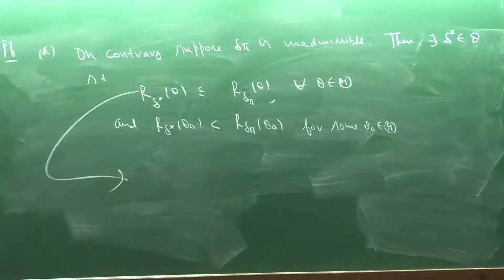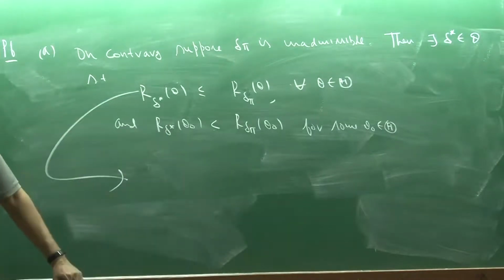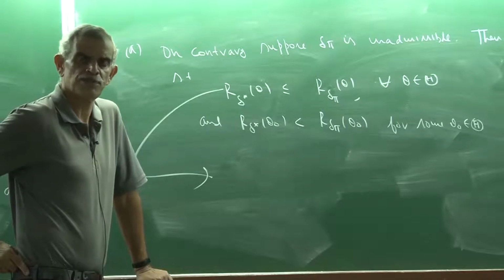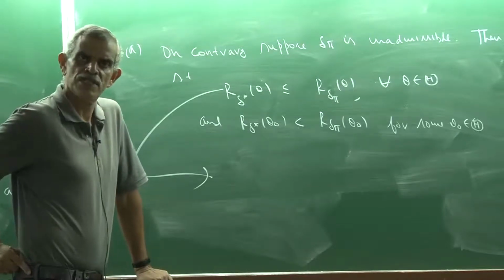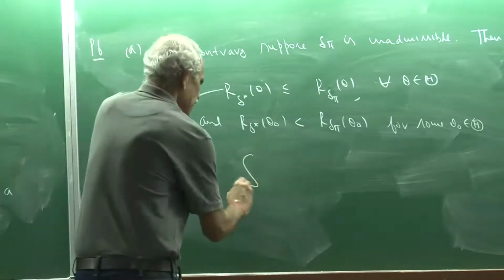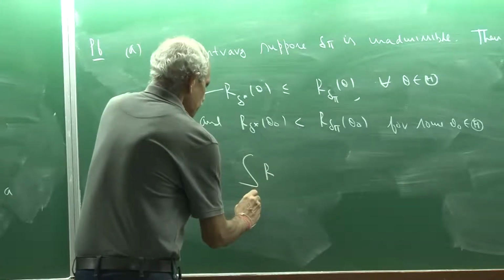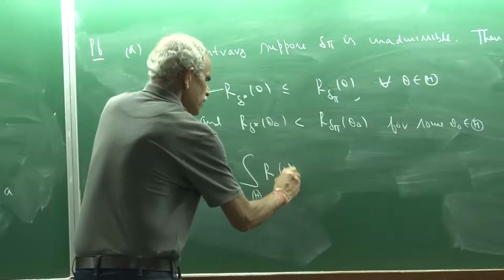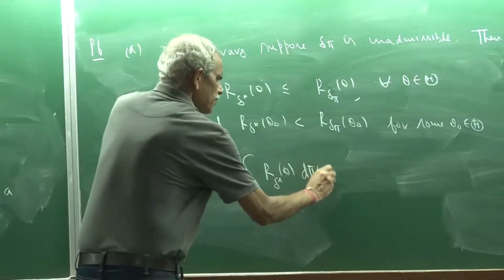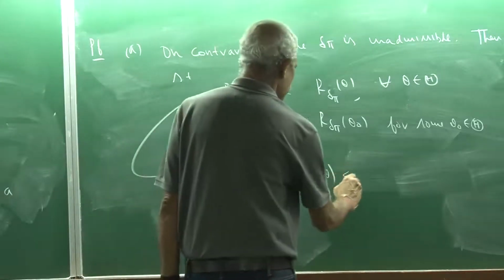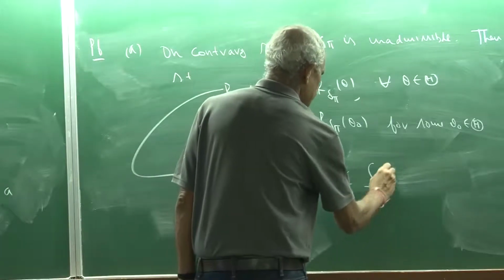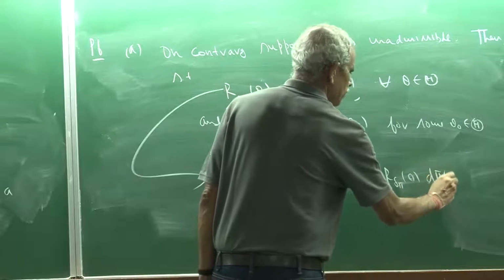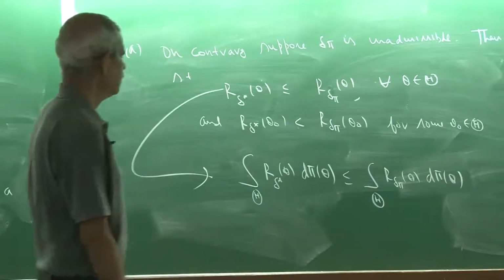But you know, if one function is smaller than the other function, their expected values would also preserve the same inequality. So this would imply that the integral over theta, the average with respect to the prior distribution d pi(theta), of R(delta star, theta) would be less than or equal to the integral over theta of R(delta pi, theta) d pi(theta). What is this?